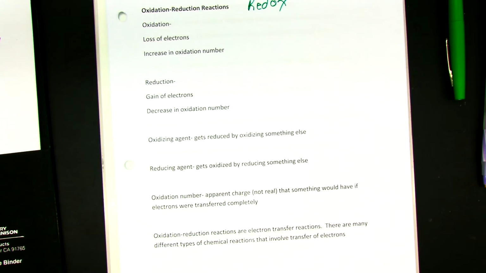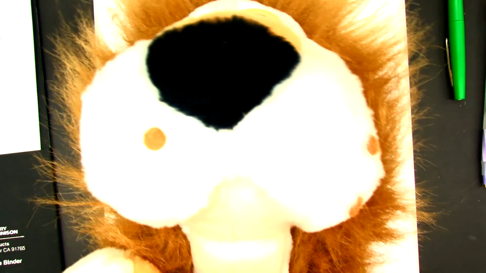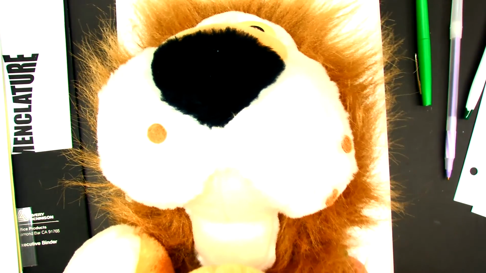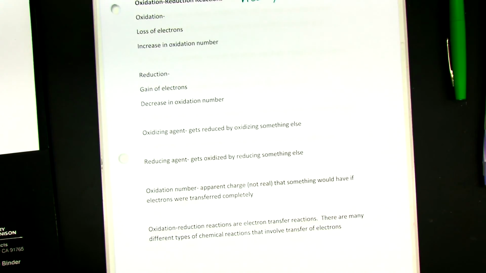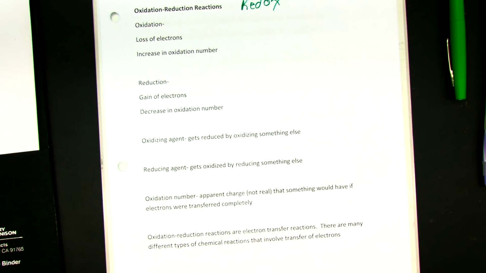So I brought my friend to show you and help you remember. Can you see what he is here? For those people at home, he's a lion. So when you look at my friend, if he's a lion, what's his name? Leo, right?